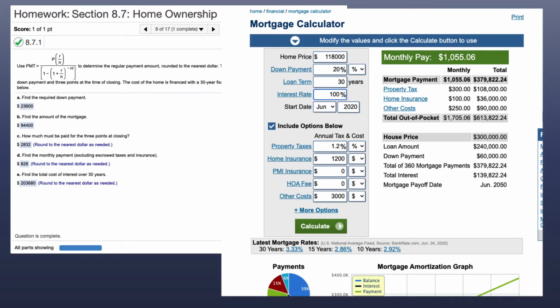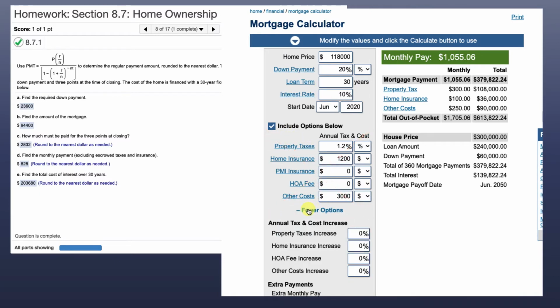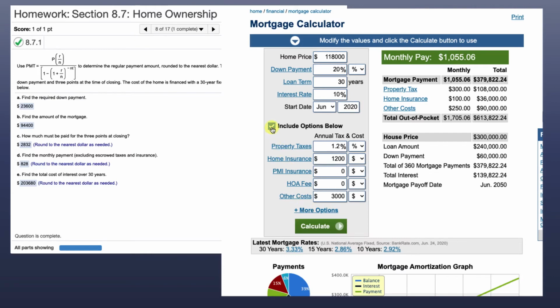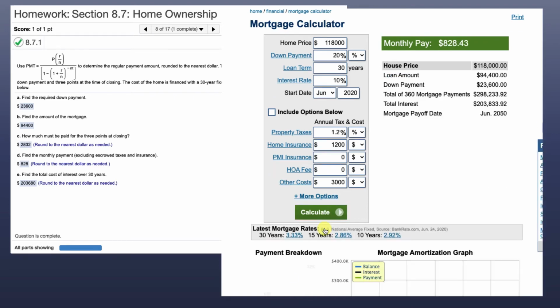Eesh. Start date, who cares? Now here's all these other options. I could include these, so if you know all these other things, you can include them, and there's even more you can add, but we're not going to do that. And that's it. So I can hit calculate.